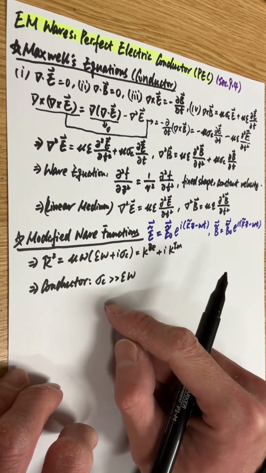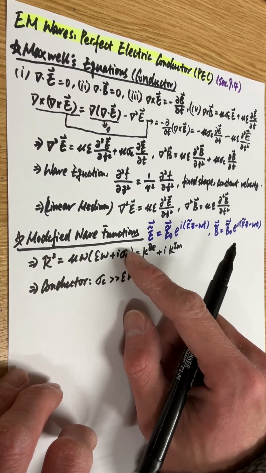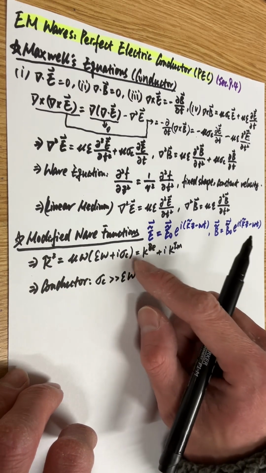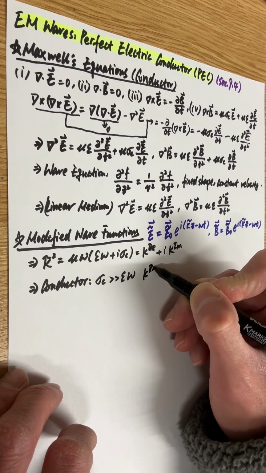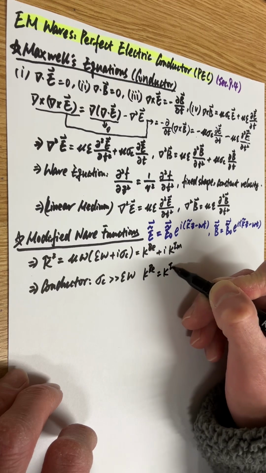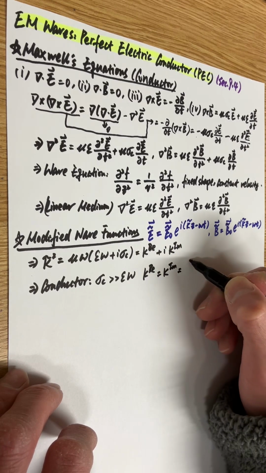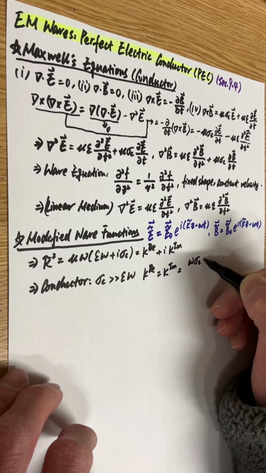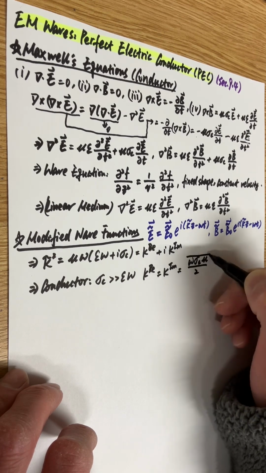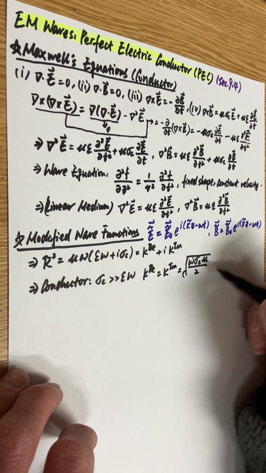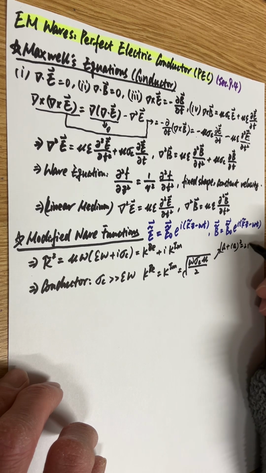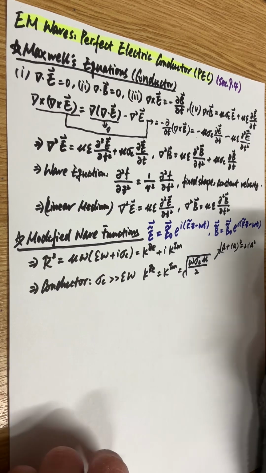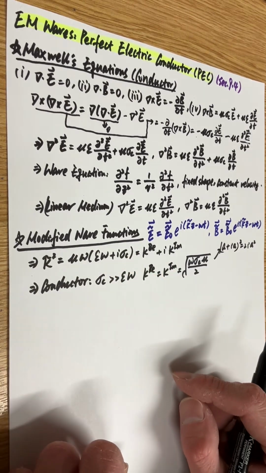So this term would be dominated by the imaginary part. Then the solution to this equation is kappa real part equals kappa imaginary part, which equals the square root of omega conductivity mu divided by 2. You can confirm this by checking that (a plus ia) squared equals 2i a squared. You can put this back and check this.